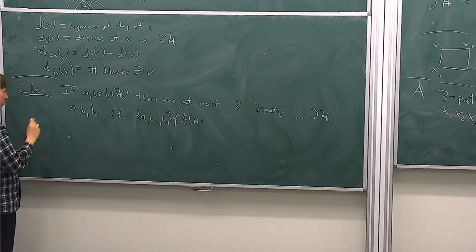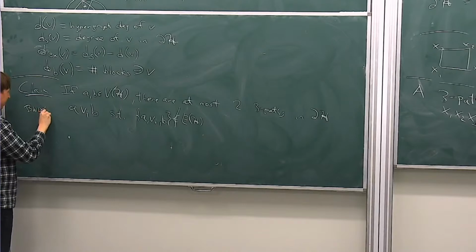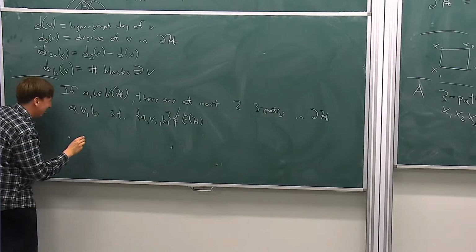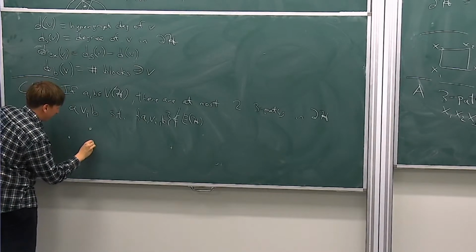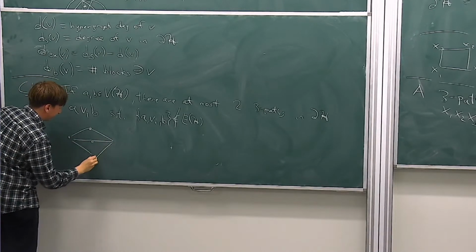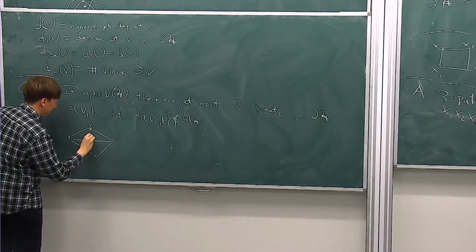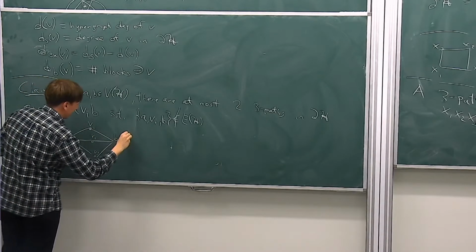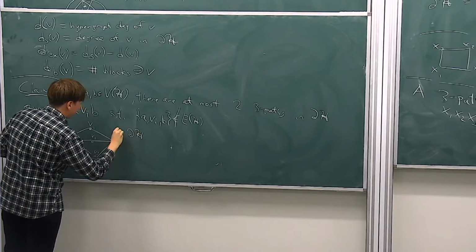Okay, so suppose by way of contradiction that we have 3 such paths. This will give kind of a flavor of some of these items. So v1, v2, v3 between A and B. This is the 2-shadow.